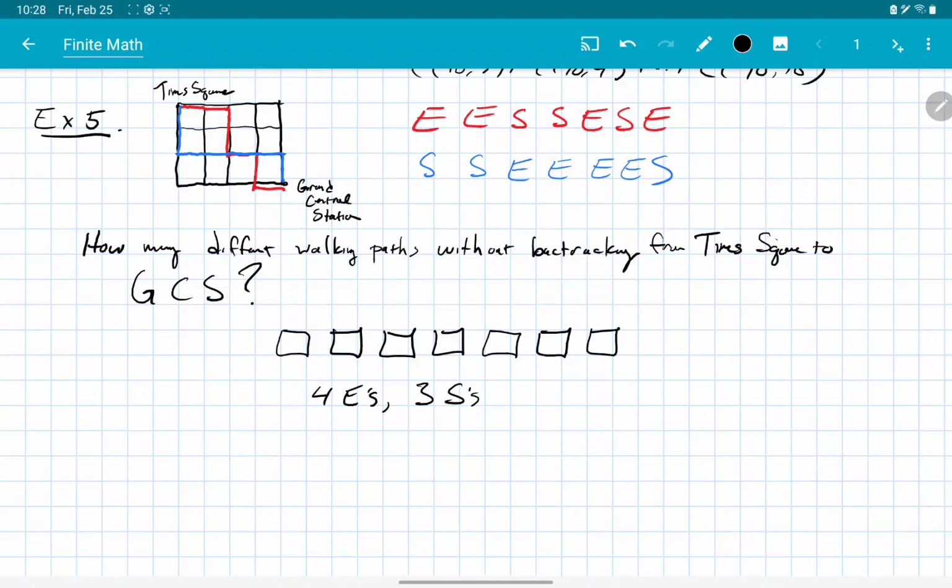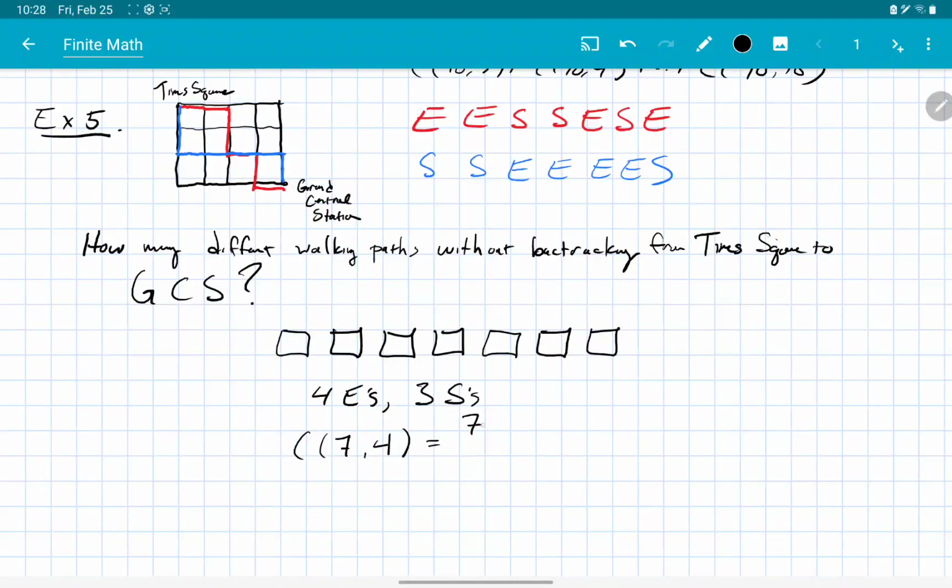Yeah, Haley? The combination of 7 choose 4. Yes, the combination of 7, 4. We're choosing 4 boxes to put E's in, and that will give us a unique path.